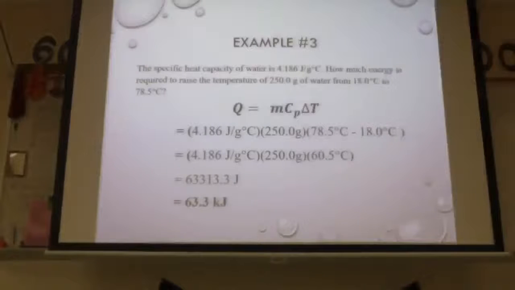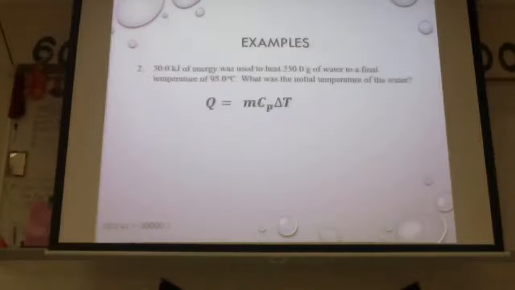To give you an idea, to heat up room temperature water to boiling, that's 75 times 4.18. Joules is small. Big number, relatively. Alright.